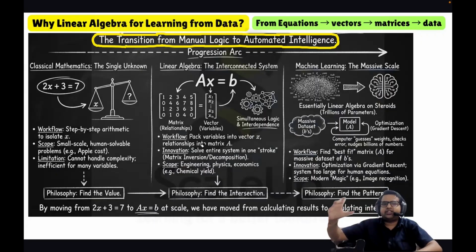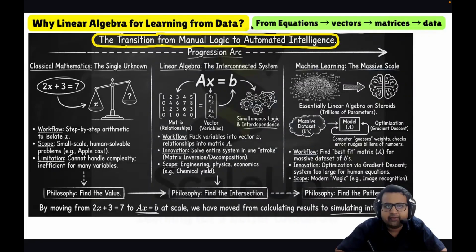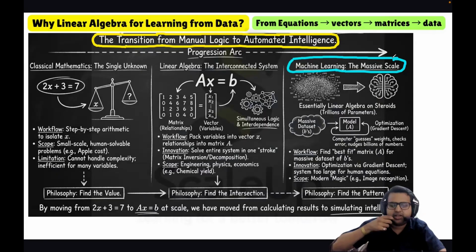So in the transition from manual logic to automated intelligence, we have machine learning, which is the massive scale. Machine learning is essentially linear algebra at scale, or you can call it linear algebra on steroids.